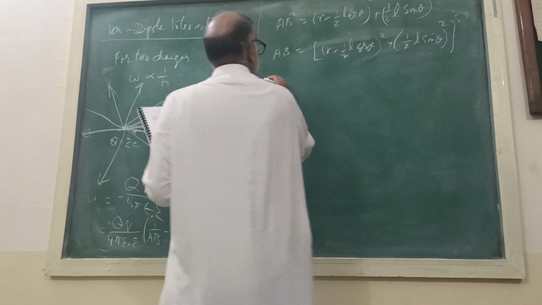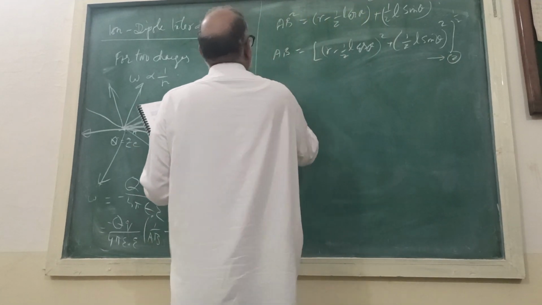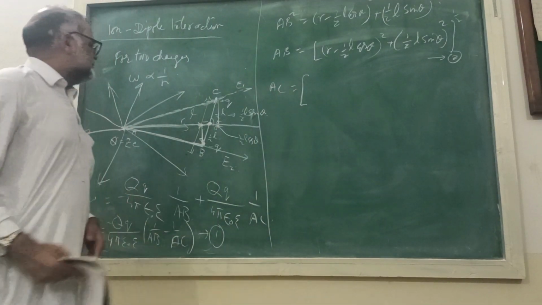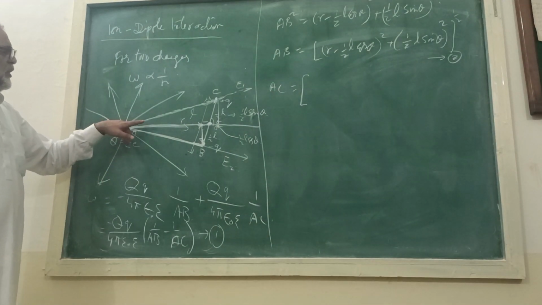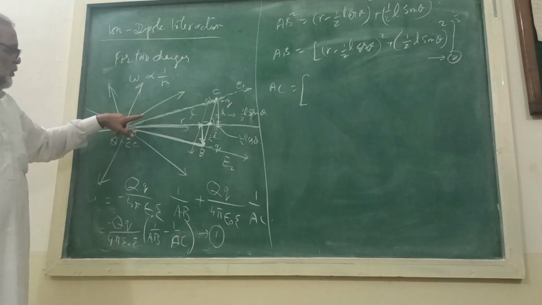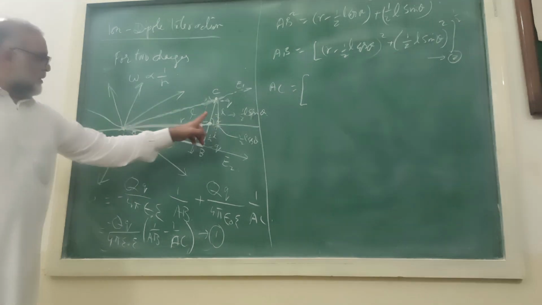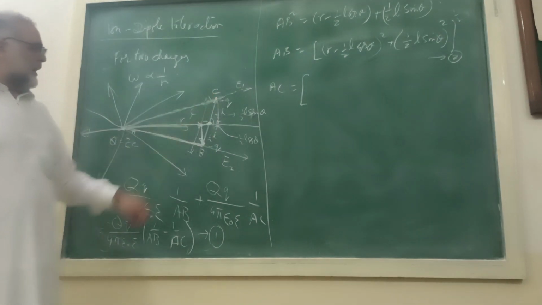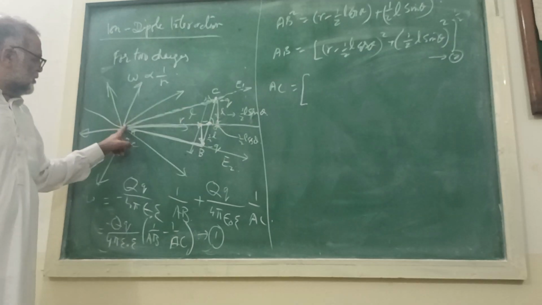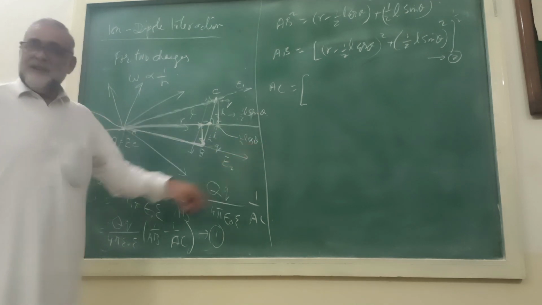Similarly, just over that, number 2, simple, AC. Right, this will be equal to, look, this from here to here plus from here to here. So from here to here is equal to R plus 1 over 2L cosine of theta.